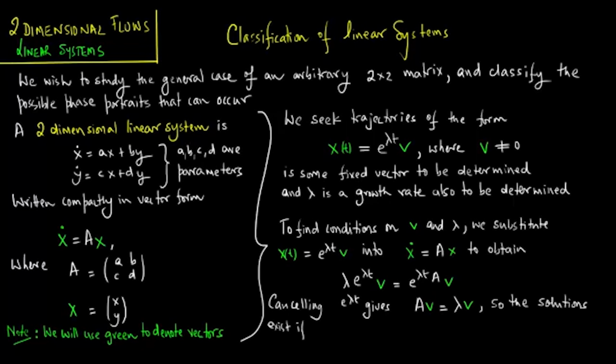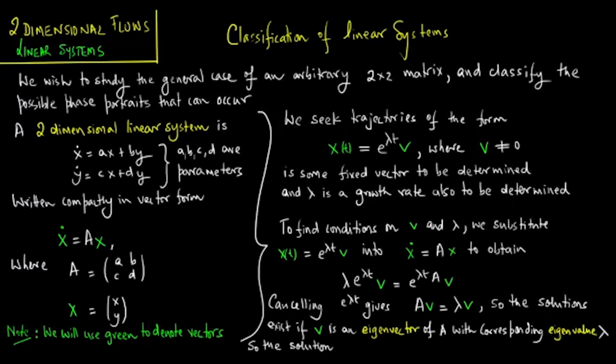So the solutions exist if v is an eigenvector of A with corresponding eigenvalue lambda. So the solution x of t is equal to e to the lambda t times v is an eigen solution.